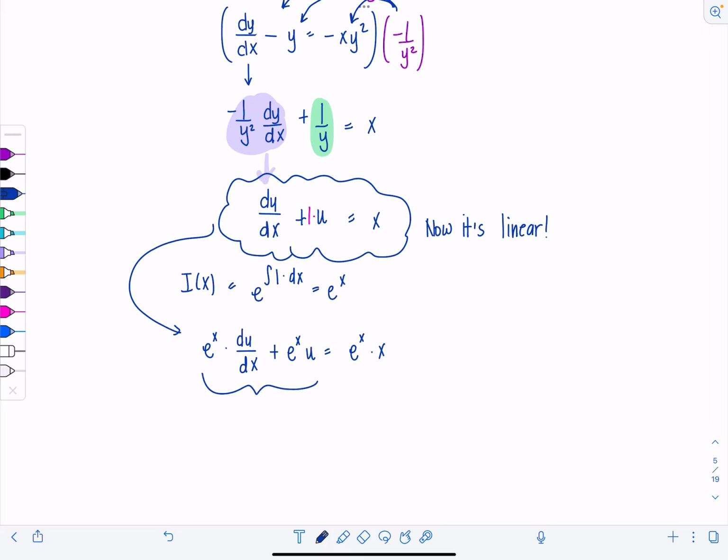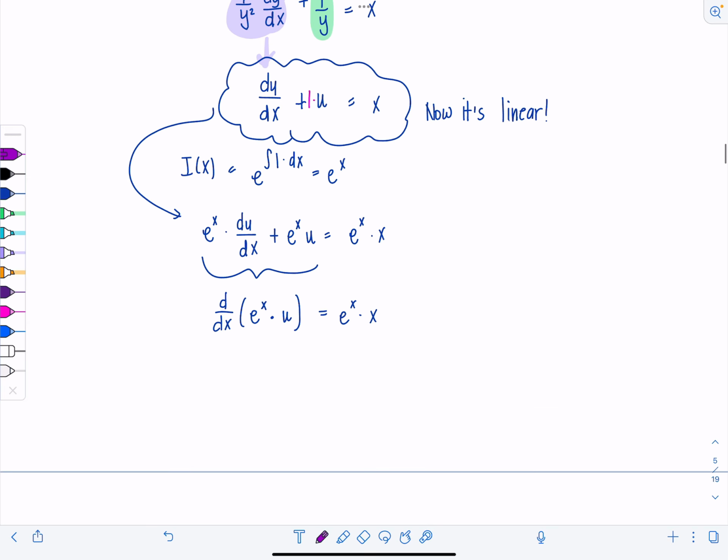Let's check. This better be the derivative with respect to x of the integrating factor times, not y, in this case we're working with u, right? So the derivative of e to the x is e to the x. Leave u alone. Now leave this guy alone. Derivative of u. Perfect.